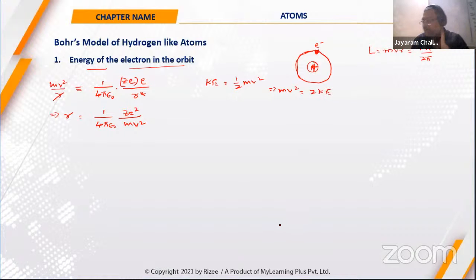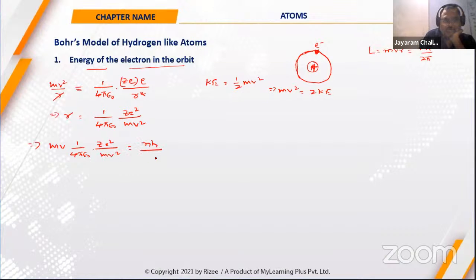Now when I substitute this particular value of the radius in the angular momentum, that is mv into 1 by 4 pi epsilon naught into Ze square by mv square is equal to nh by 2 pi, we can find the velocity of the nth Bohr's orbit.